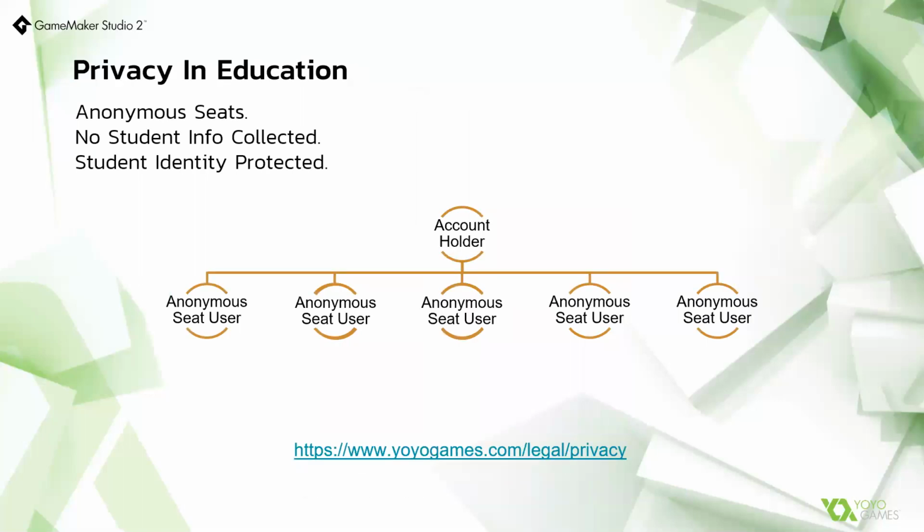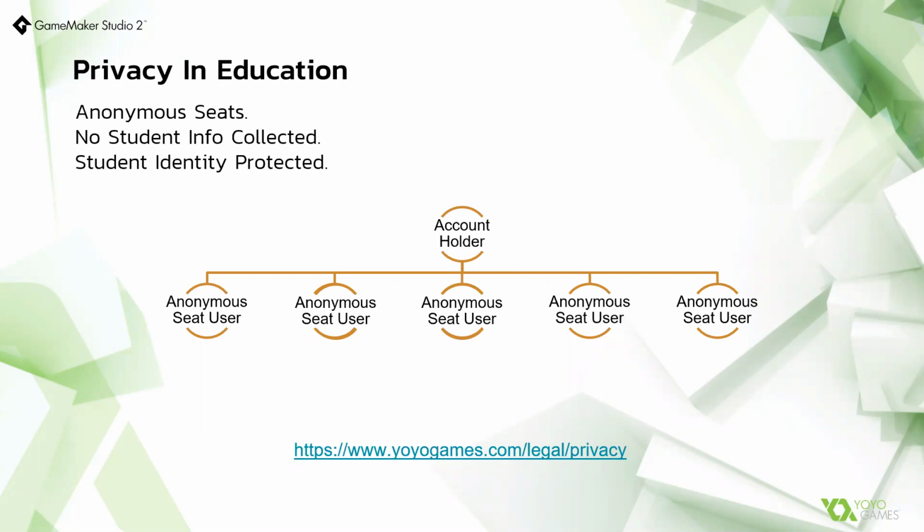So looking at privacy, which is always an important feature, the teacher acts as a seat manager, and they'll receive one perpetual Educator desktop license that they can use to investigate and set up. The seats are entirely anonymous, including the usernames and the passwords, which are randomly generated.